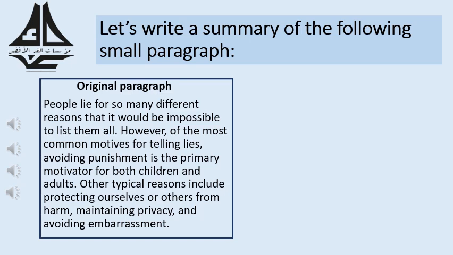He mentions the main reason as well as other typical reasons. Remember, you have to use your own words in order to write this idea, and you have to avoid mentioning your opinion or feelings. Now, let's see how to write the answer.